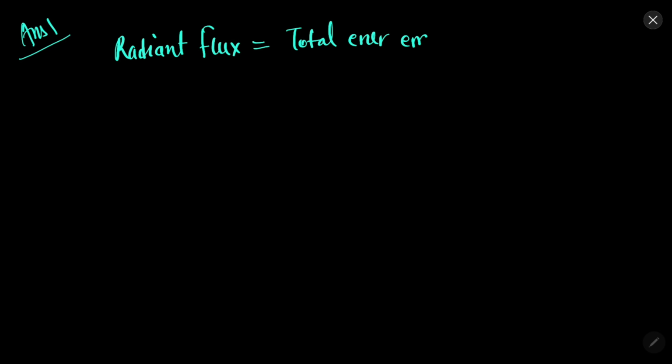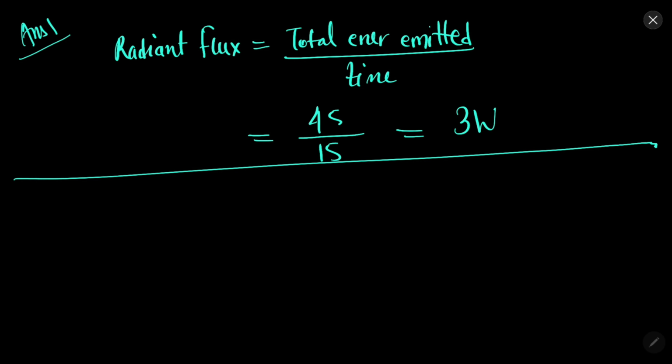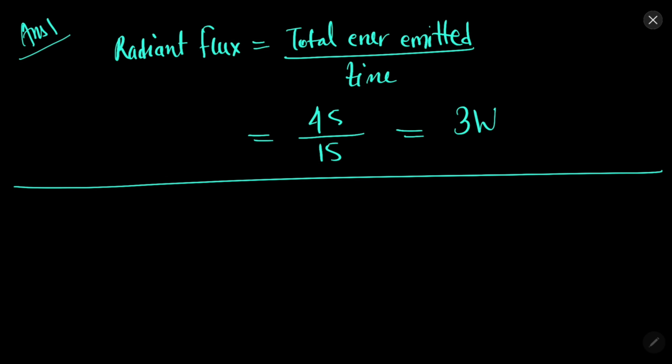We know that radiant flux is equal to total energy emitted over time period. So it will be 45 over 15 seconds, which will give us 3 watts. So this will be the radiant flux, 3 watts.